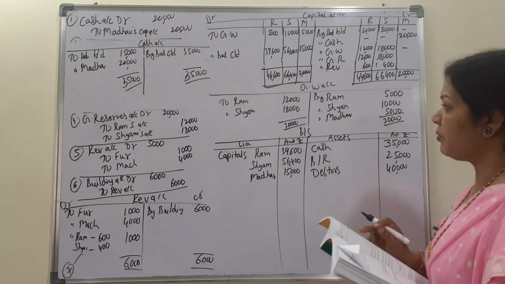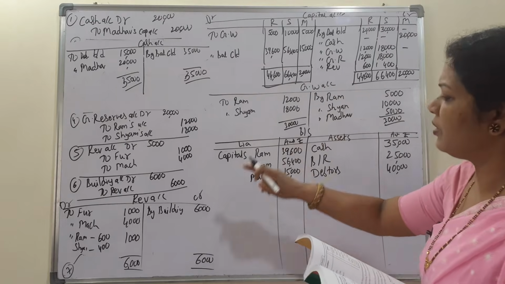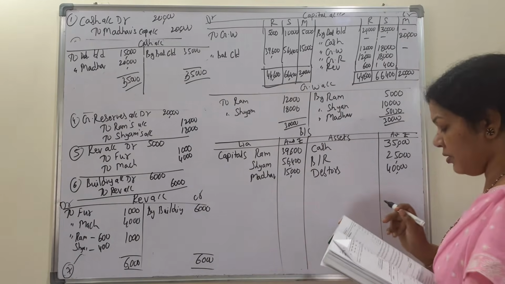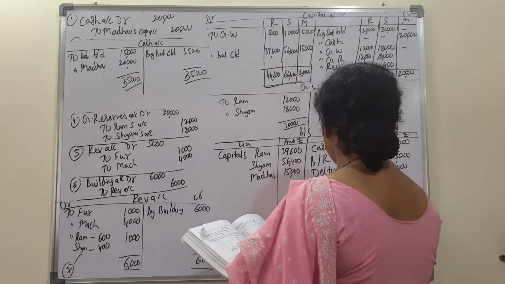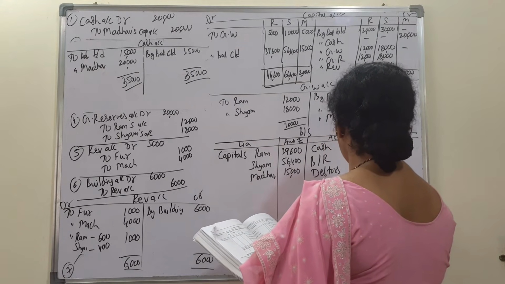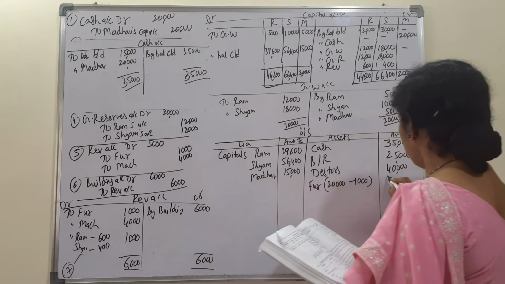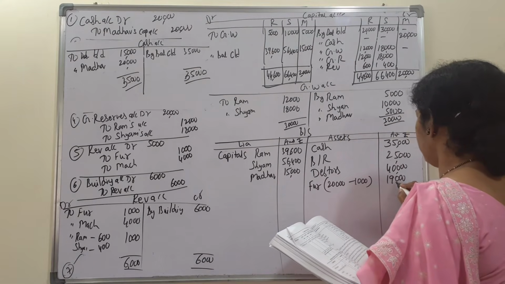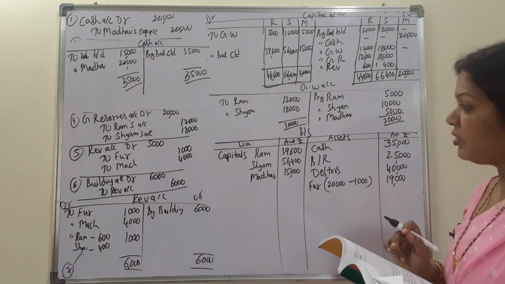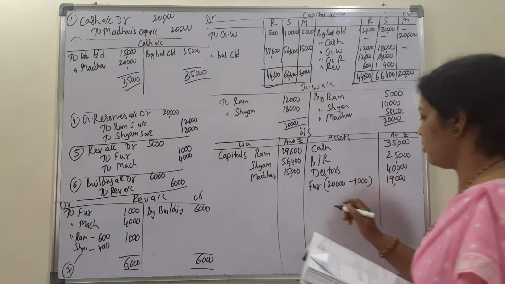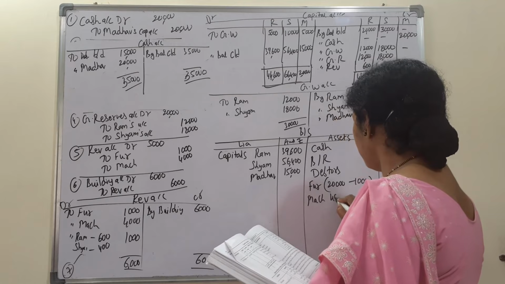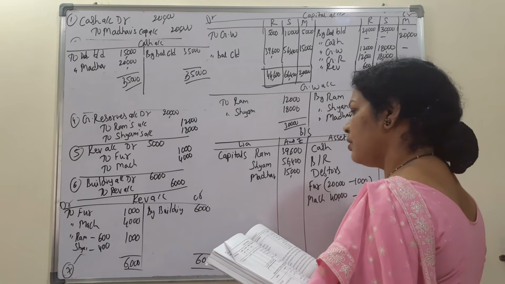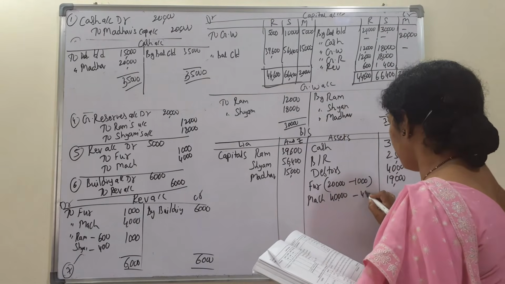Next, furniture. Furniture, there is a depreciation, 1,000. Furniture 20,000 minus 1,000 depreciation. So it comes 19,000 in the outer column. Then machinery also there is depreciation. So machinery value is here 40,000 minus depreciation 4,000.